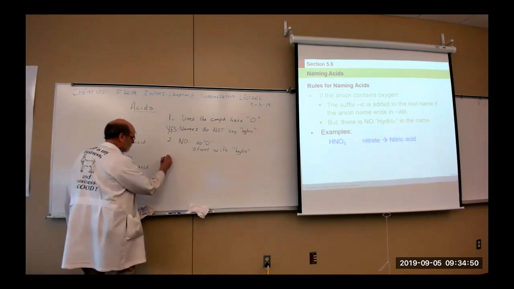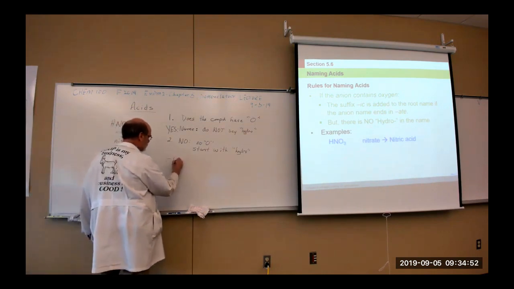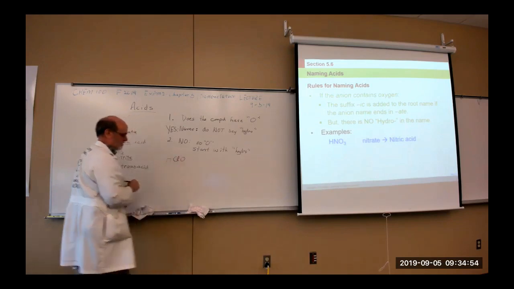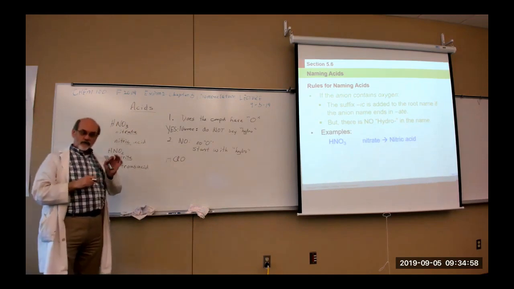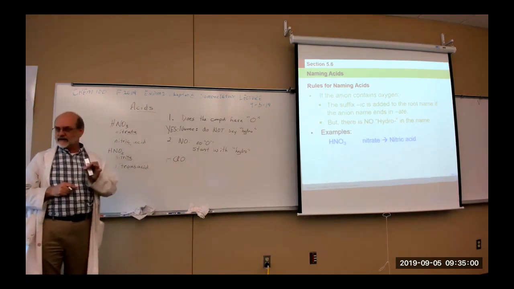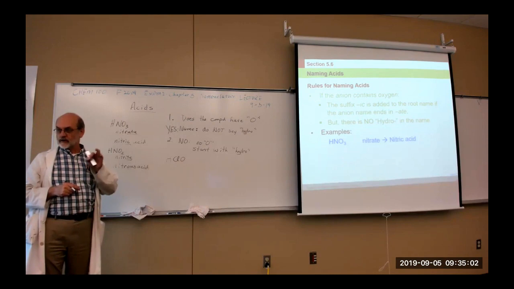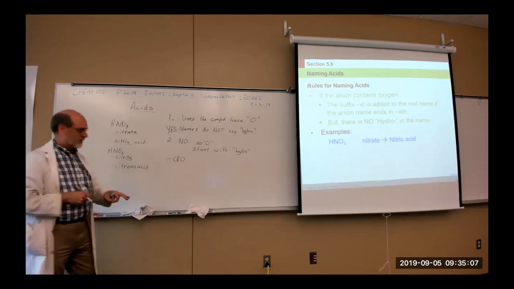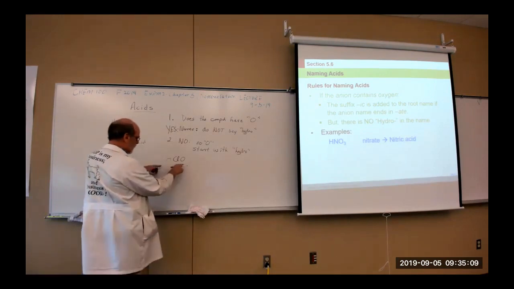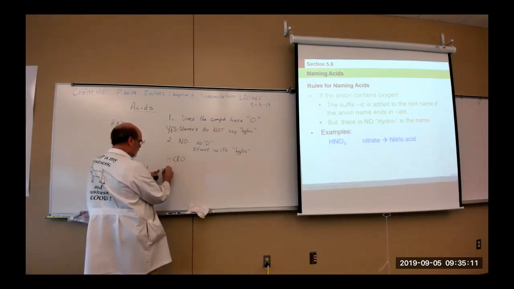How about, let's go one further. How about this one? HClO. Right? Remember we had ClO3 was chlorate, and then ClO2 was chlorite, and then ClO was hypochlorite. So in that case, we've got oxygen, so we don't say hydro.